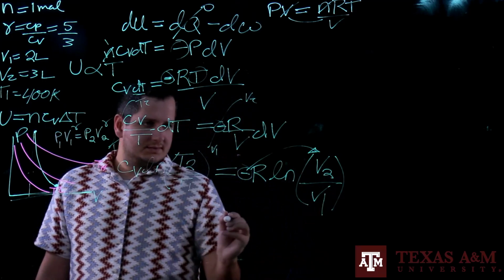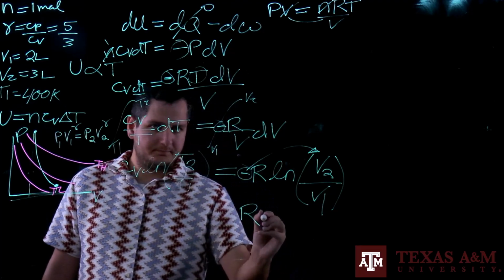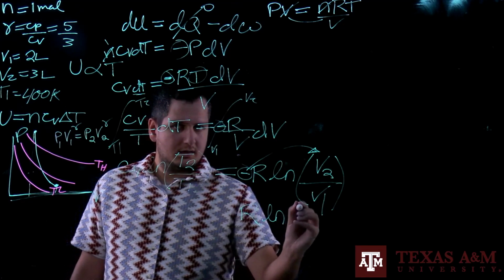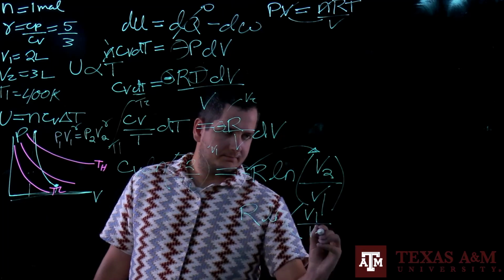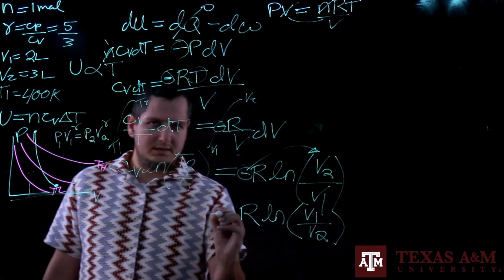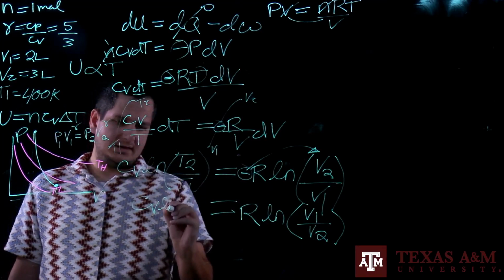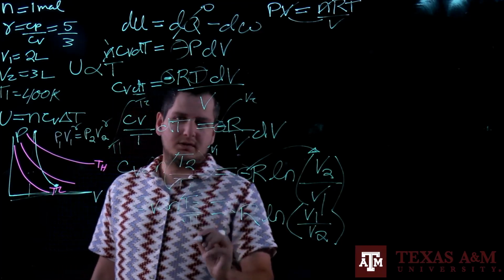So that ends up being R ln of V1 over V2 equal to CV ln of T2 over T1, okay?